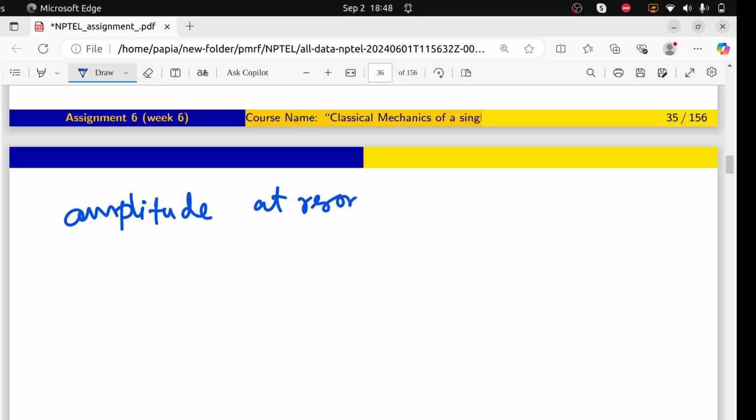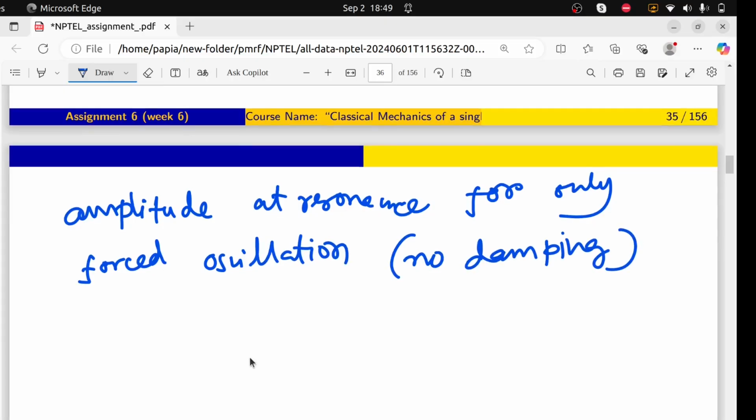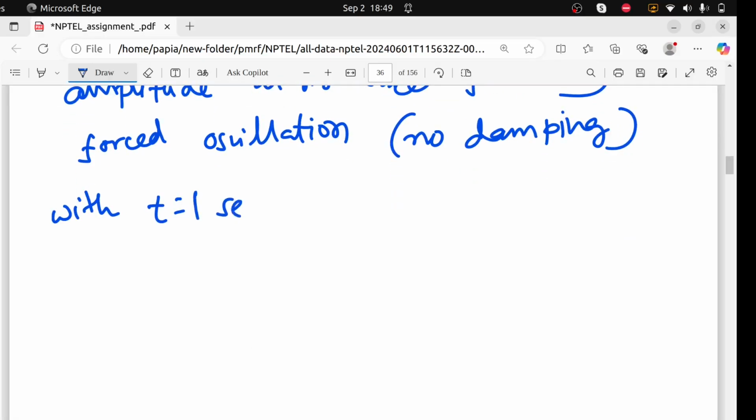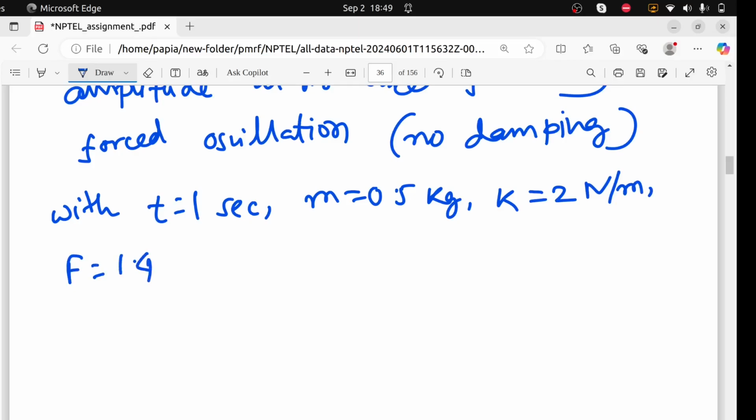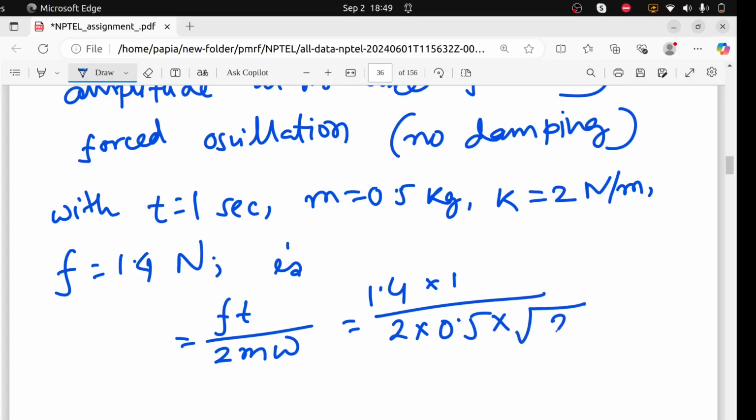Amplitude at resonance for only forced oscillation, no damping, with t equals 1 second, m equals 0.5 kg, k equals 2 Newton per meter, and F equals 1.4 Newton is 2m omega, which is like, okay, maybe we should be consistent with the nomenclature. 0.5 and then root 2, root 0.5.